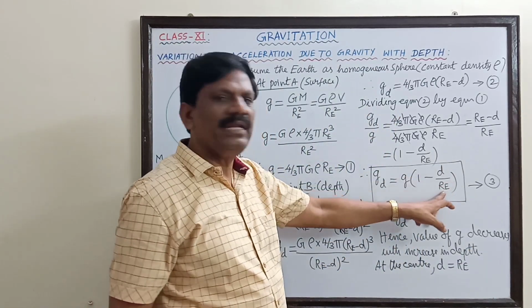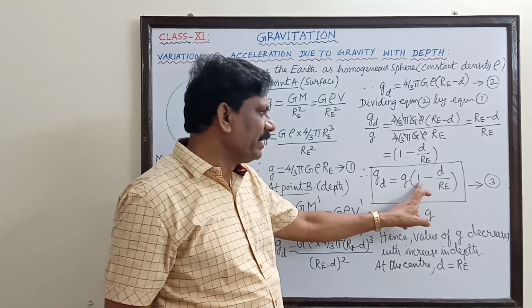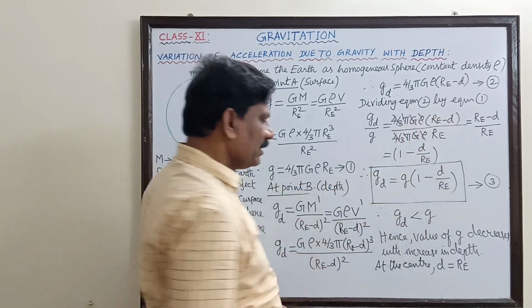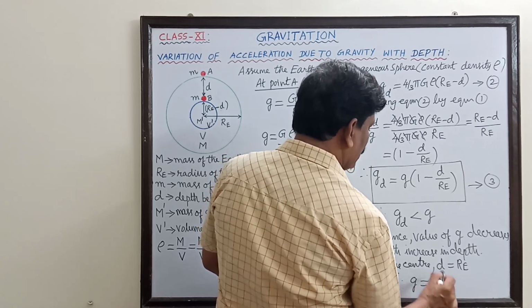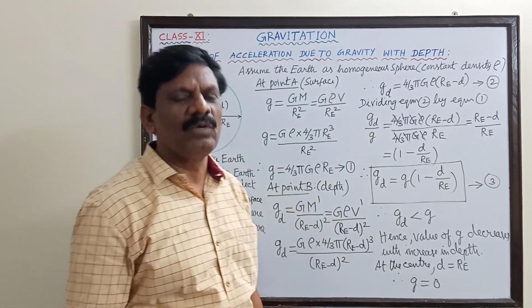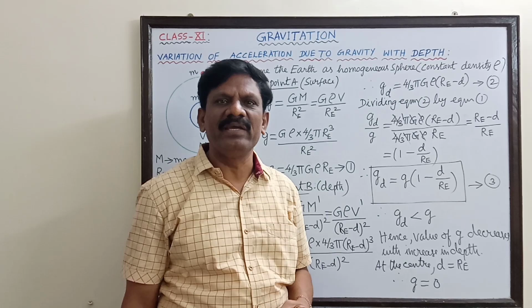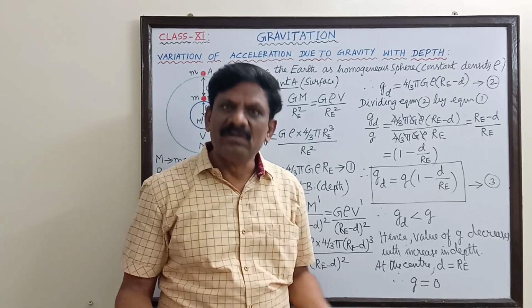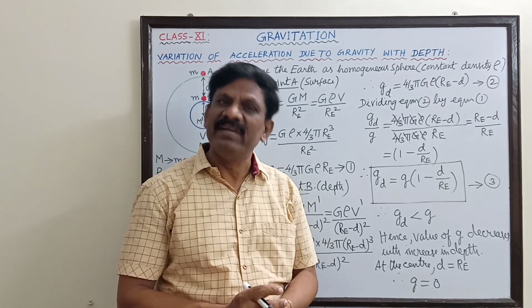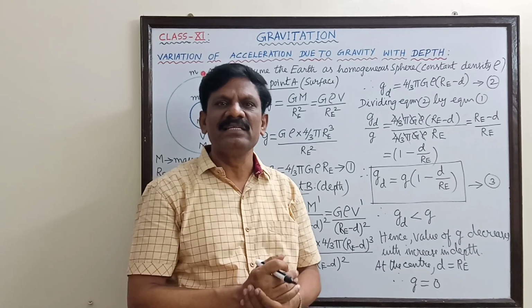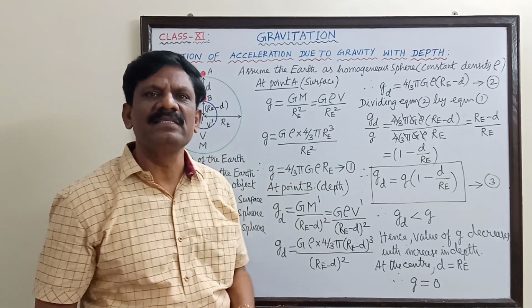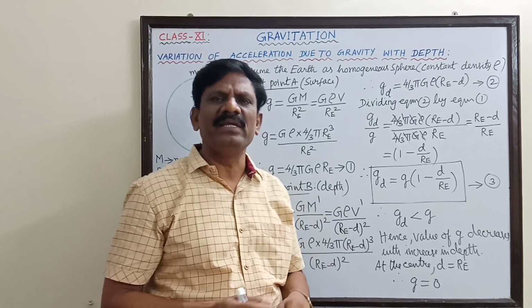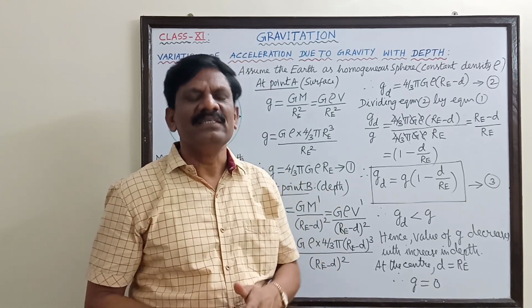So d by Re will become 1, 1 minus 1 will become 0, therefore g is equal to 0 at the center of the earth. So what will be the weight experienced by this mass? That is equal to 0. This is also called weightlessness. Already weightlessness in a lift we have studied. Same like that here, weightlessness is experienced by any mass placed exactly at the center of the earth.